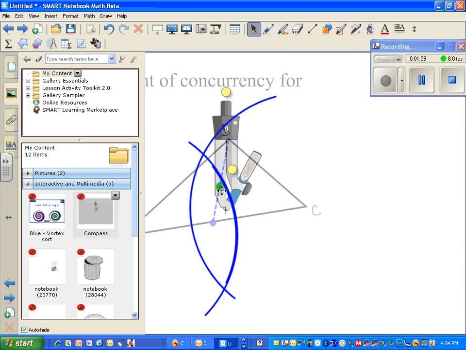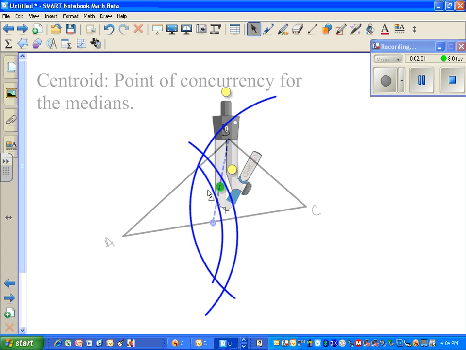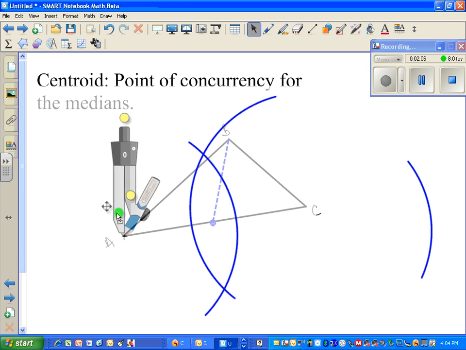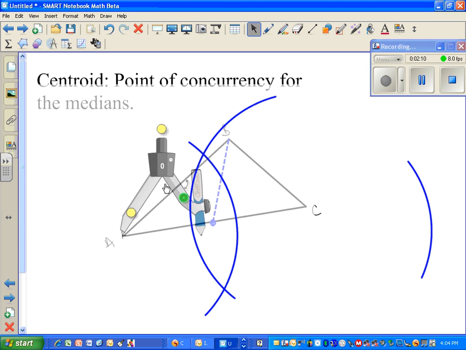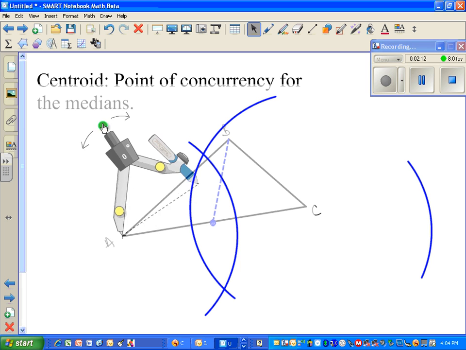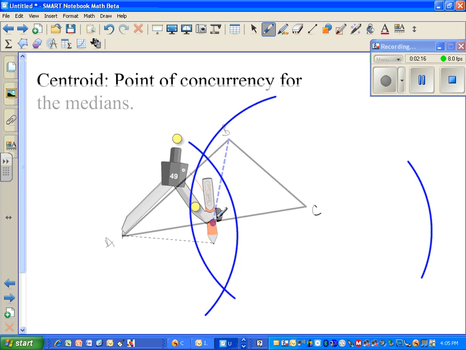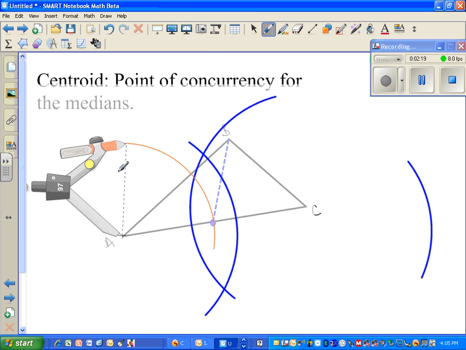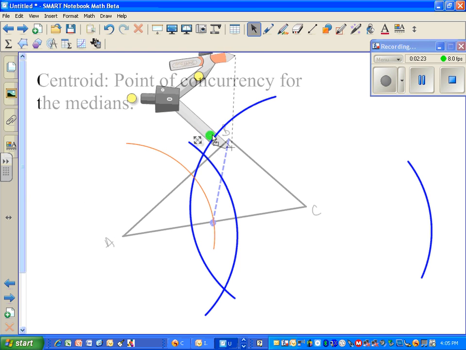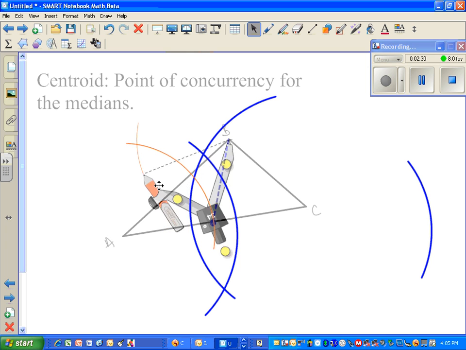Now what I'm going to do is I'm going to do the perpendicular bisector for line AB. I'm going to come pivot on A and swing an arc. It's more than halfway to B. Swing above and below the line. Then I'm going to come to B. I'm going to swing an arc above and below the line there.